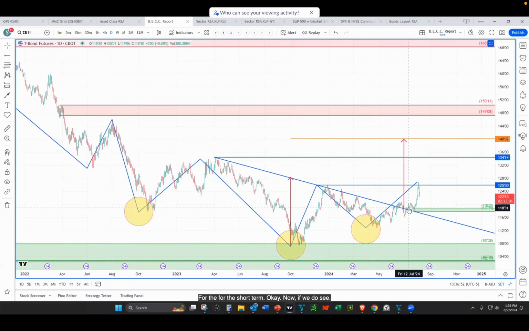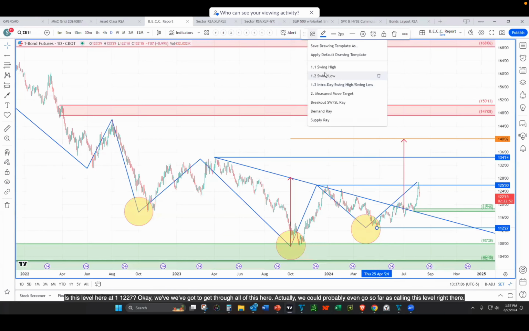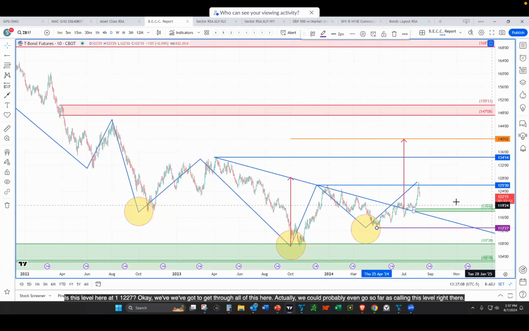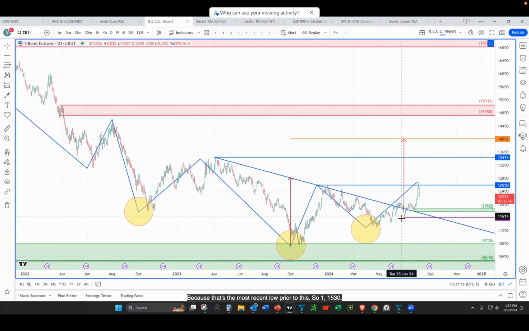Now, if we do see that this is a false breakout, meaning that this is not an inverse head and shoulders at all, and the market's actually breaking down, the key swing low that you want to watch is this level here at 112.27. Okay, we've got to get through all of this here. And actually, we could probably even go so far as calling this level right there, because that's the most recent swing low prior to this. So 115.30.